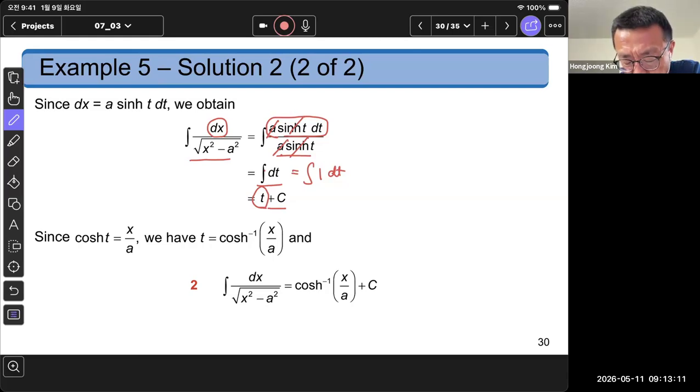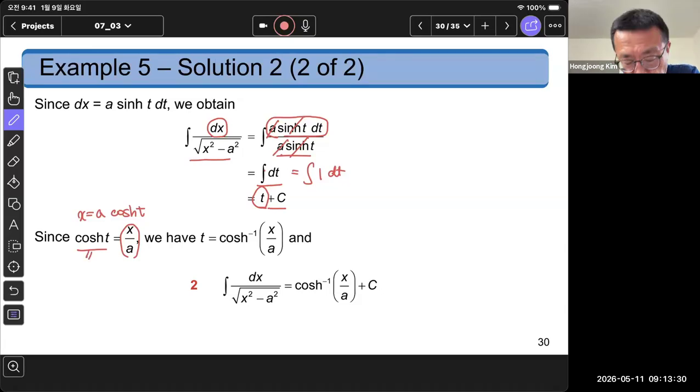So from this expression, where we replaced x with a hyperbolic cosine t, hyperbolic cosine t will be x over a, right? Now, what is hyperbolic cosine t?